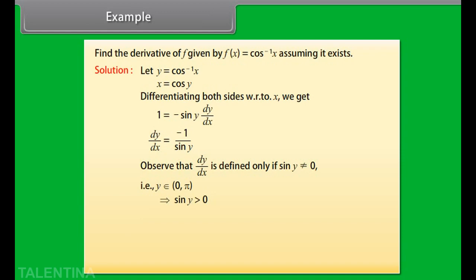It implies sin y greater than 0. It implies sin y is equal to square root of 1 minus cos square y. dy by dx is equal to minus 1 by square root of 1 minus cos square y, which is equal to minus 1 by square root of 1 minus x square.